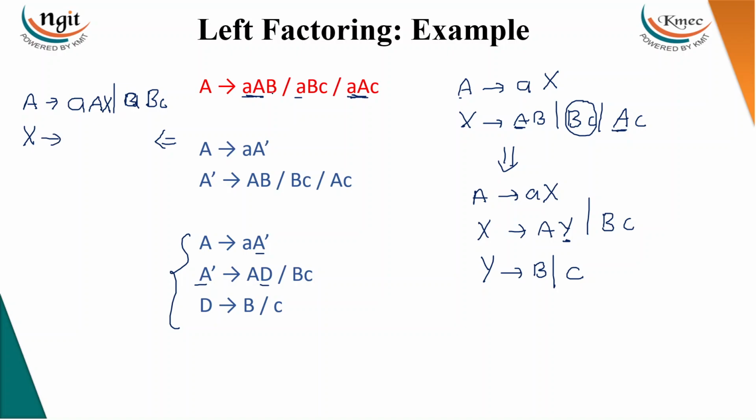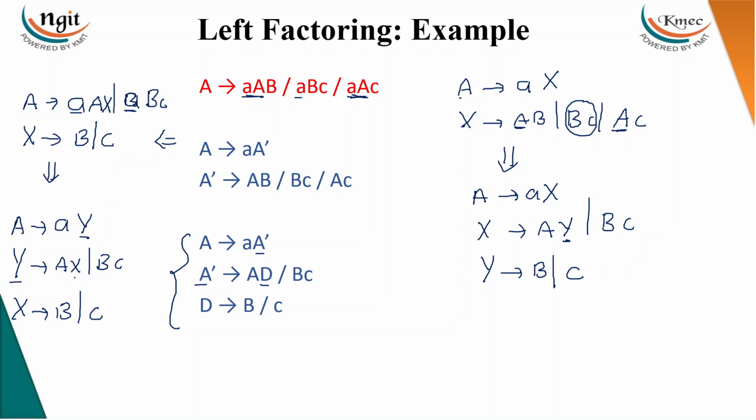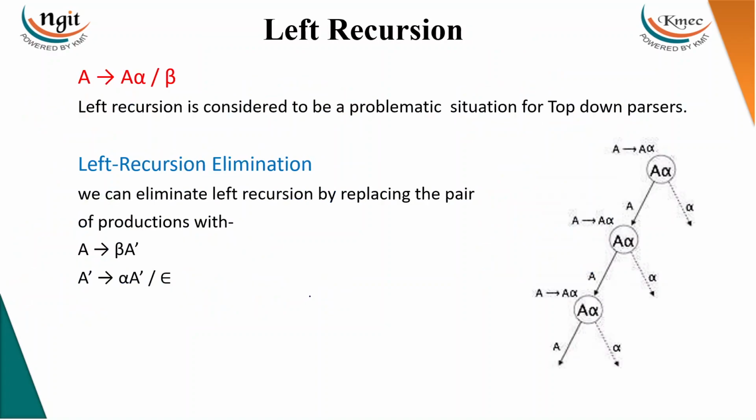As you have taken A common, B or C, then you can write B or C. Now again A is common here. Then again perform the left factoring. So A tends to AY, where Y tends to AX or BC, and where X tends to B or C. See, we got it. Forget about the names of these newly introduced non-terminals, but we got the same terms or not. That's how you're going to do it, right?